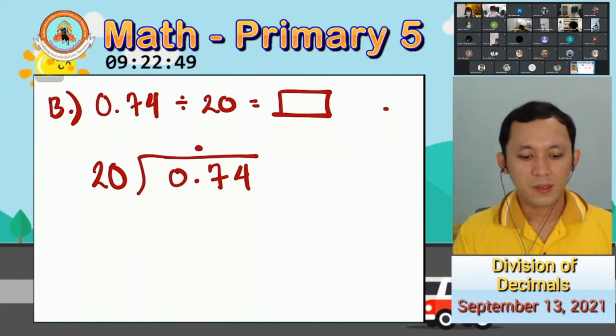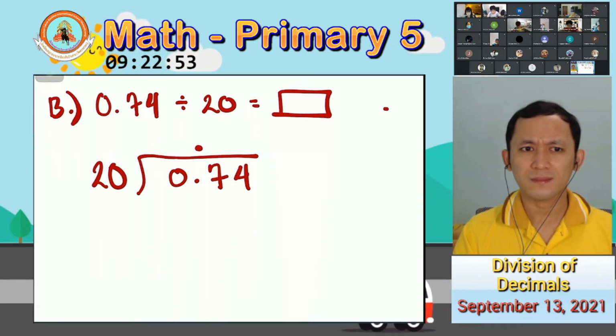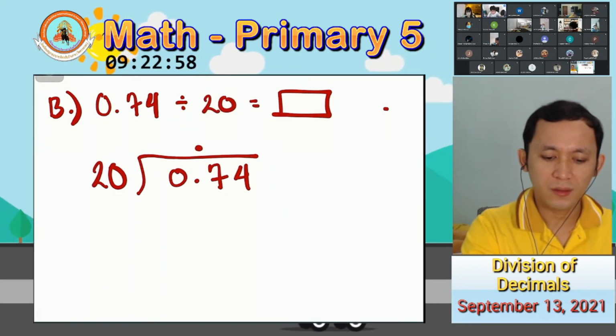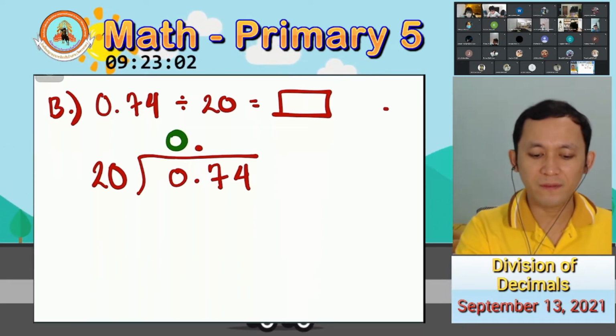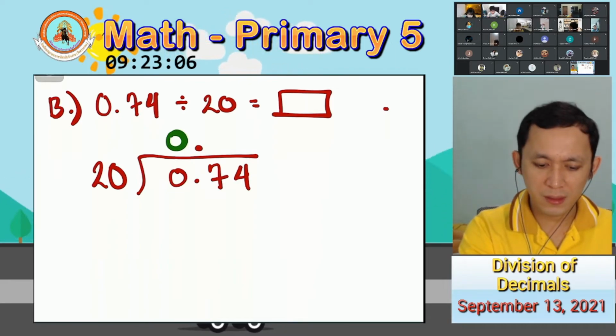So 0 divided by 20. What's the answer? 0. How about 7 divided by 20? 0. Okay, very good.